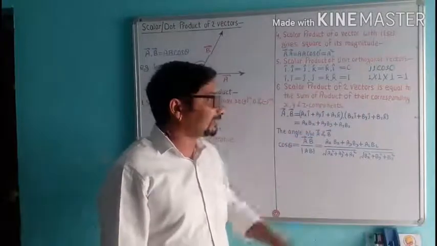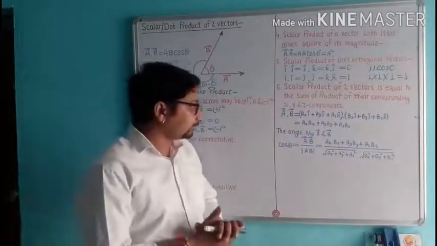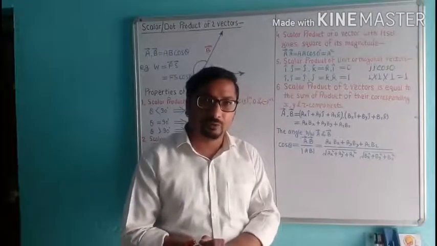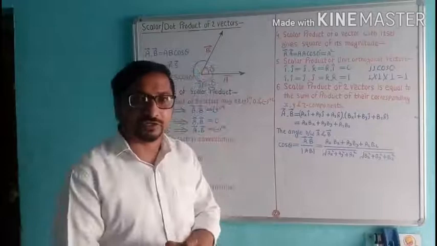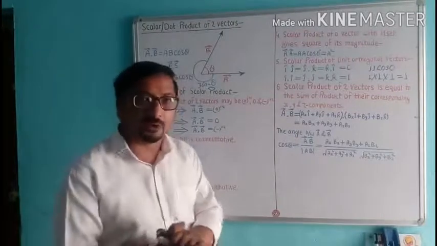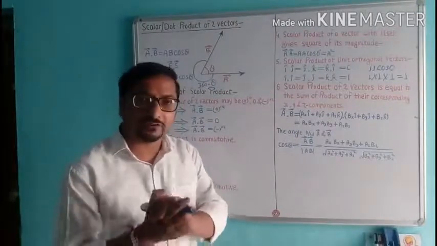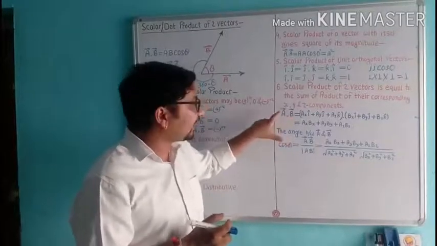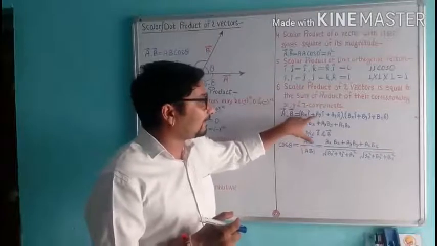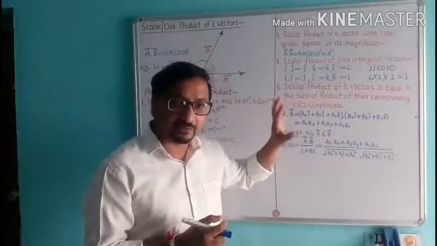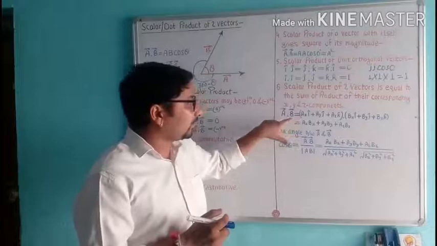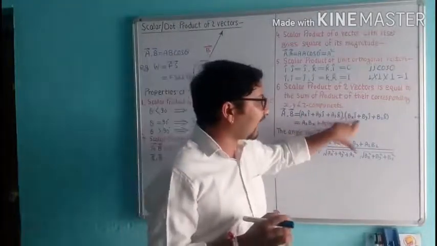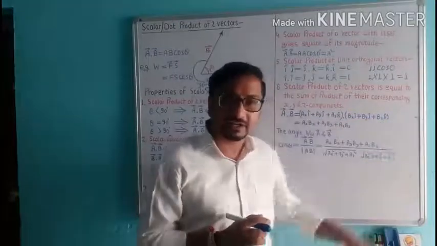Now, the scalar product of two vectors is equal to the sum of the products of their corresponding x, y, z components. We know about the resolution of vectors from the previous video. Now, vector A dot vector B. We can write vector A as ax i cap plus ay j cap plus az k cap, and vector B as bx i cap plus by j cap plus bz k cap.